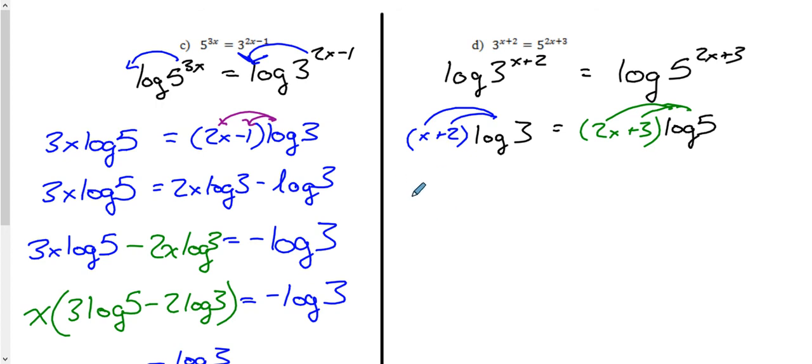So here on the left, what do we get? We get x log 3 plus 2 log 3. And on the right, that's equal to the right side, and our right side is now 2x log 5 plus 3 log 5.